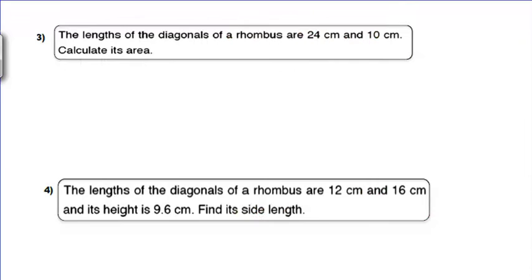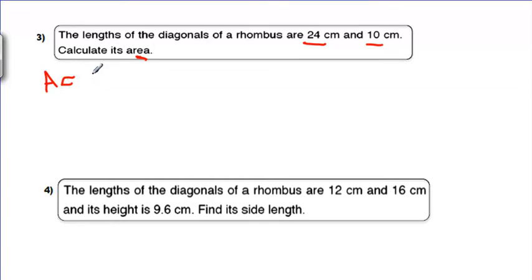Okay, the next one. The length of the diagonals of a rhombus are 24 centimeter and 10. Calculate its area. He wants the area according to what? According to its diagonals or its height and side length. He gave me the diagonals of the rhombus, 24 and 10, so I will write the rule of diagonals.